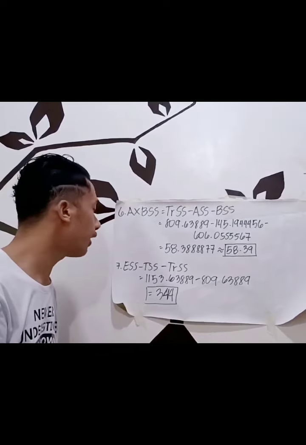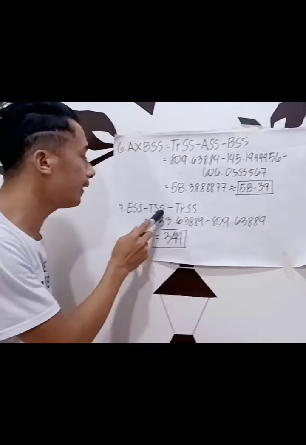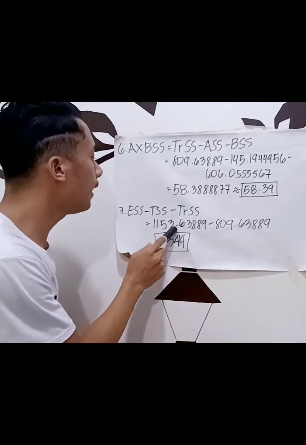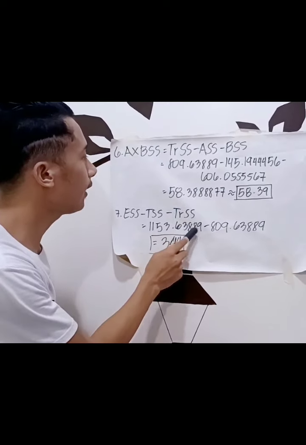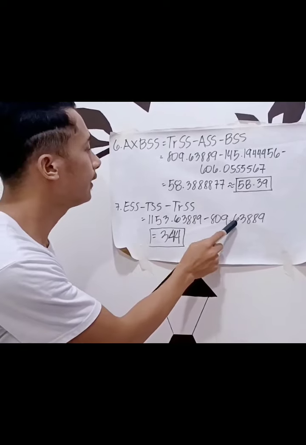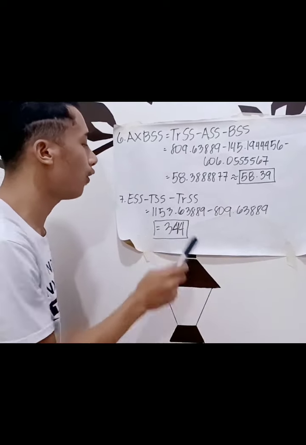So, ano na siya kasi iguro to ipa-minus ang TRSS sa SSS, ESS minus BSS. So, let us proceed to number 7, which is ESS minus TSS minus TRSS. So, 1153.63889 minus 809.63889 is equals of 344.